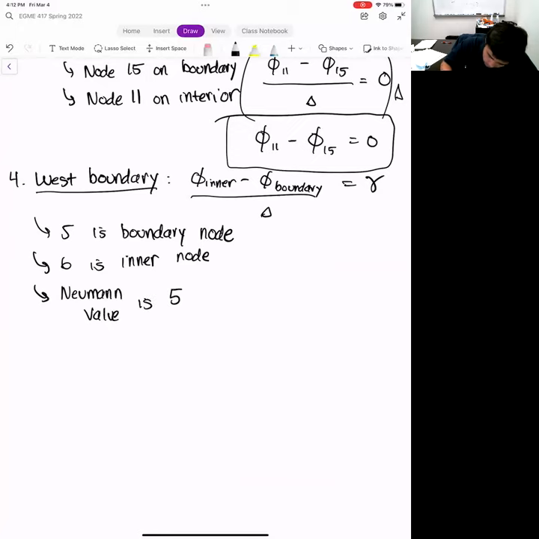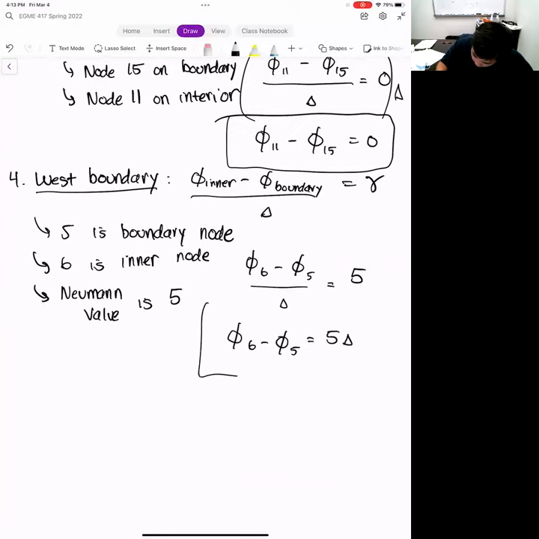All right, so we plug all these things in, and so we have phi inner, which is 6, minus phi boundary, which is 5, divided by delta is equal to 5. And so we multiply delta by both sides, and we get phi 6 minus phi 5 is equal to 5 delta.